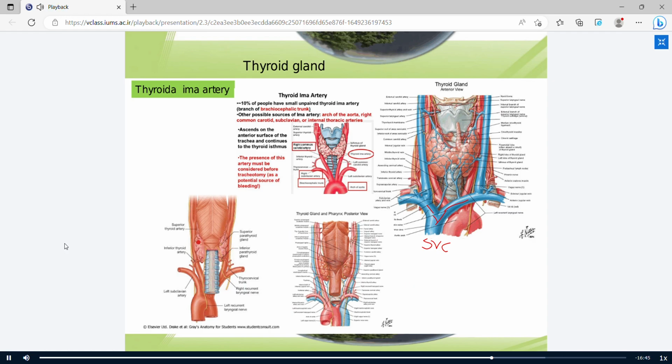There are 4 parathyroid glands located posterior to the thyroid gland. This is the superior parathyroid, and this one is the inferior parathyroid gland. They produce parathormone hormone, and the parathyroid glands are supplied by the superior and inferior thyroid arteries.